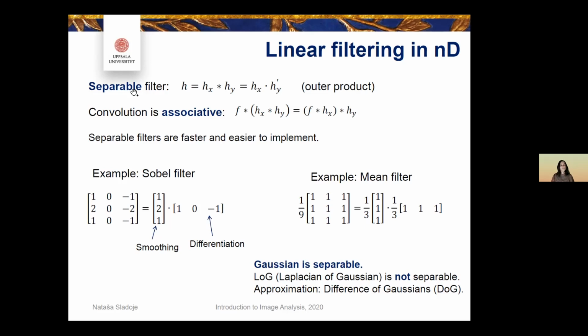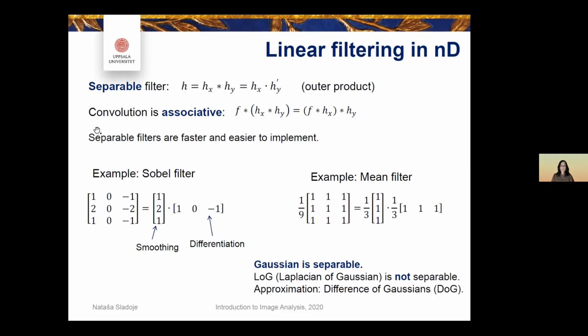There is a nice property of some filters called separability. That means that some filters, for example 2D filters, small matrices, can be expressed as an outer product of 1D vectors.